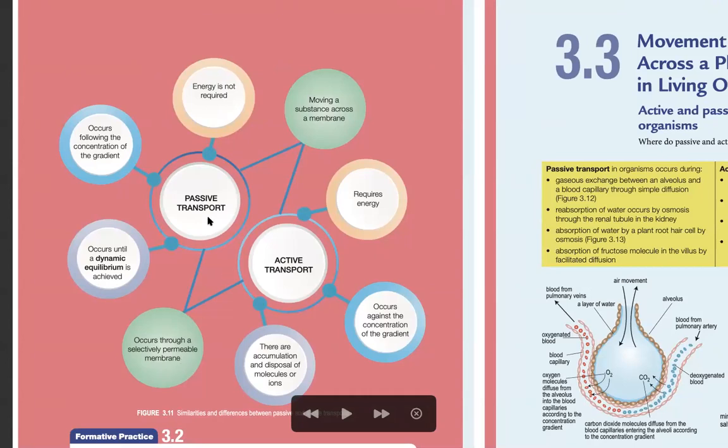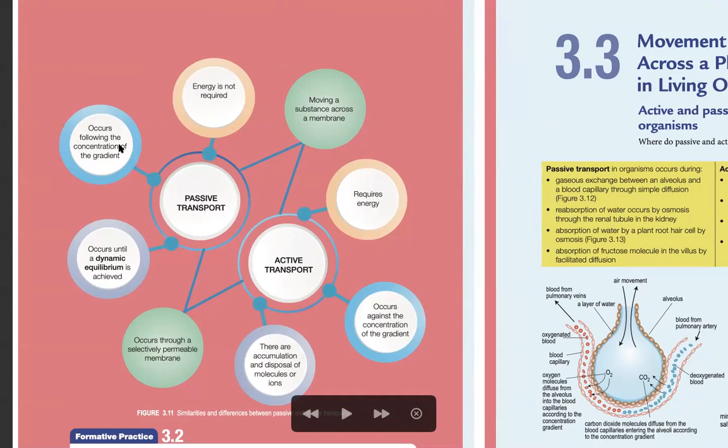Okay, betul. Okay, kalau perbezaan dia, active transport require energy, specifically ATP energy. Tapi kalau passive transport, energy is not required. Boleh faham? Okay, kalau active transport, it occur against concentration gradient.